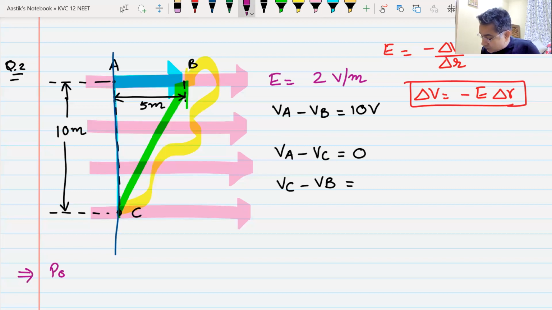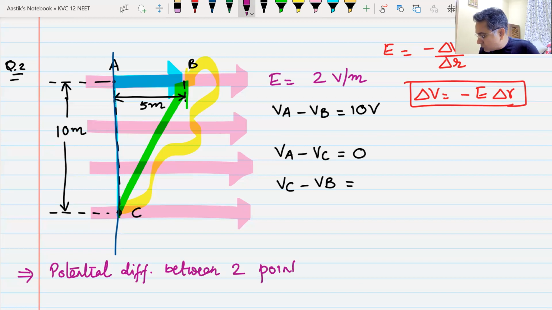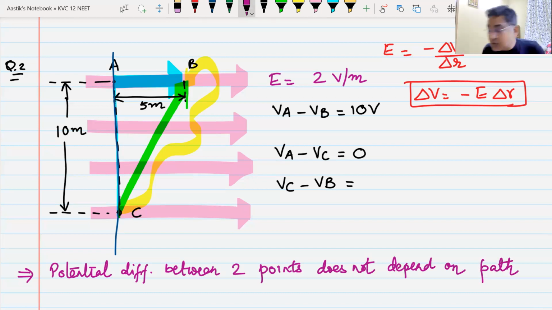Potential difference between 2 points does not depend on path. So if I go in the green path, or if I go in the yellow path, or if I go in the blue path, the potential difference will remain same.